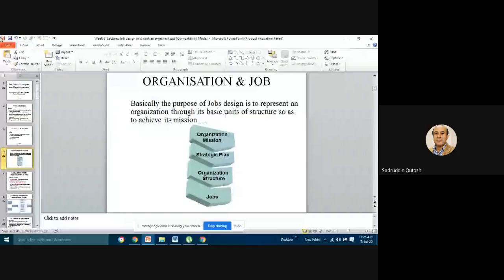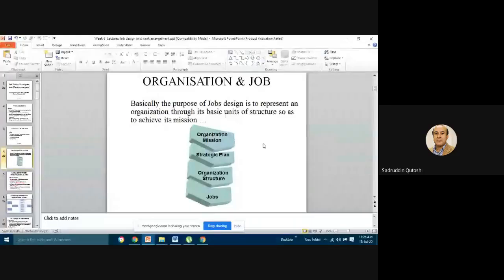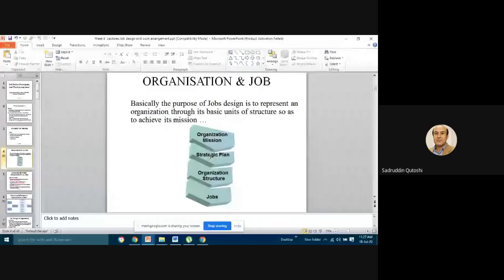So the organizational mission must be in line with that organizational vision. Then after that vision and mission, you need a strategic plan in the organization. And that strategic plan is very important towards moving toward that particular mission. And within that strategic plan, there will be a number of plans, short-term plans and medium-term plans, that help to be linked with that strategic plan.